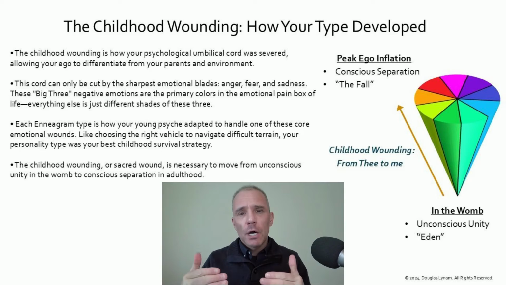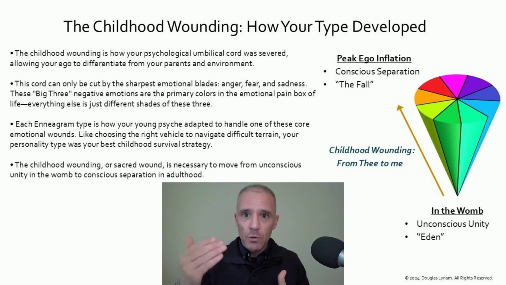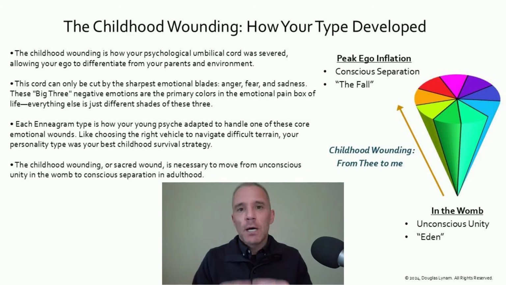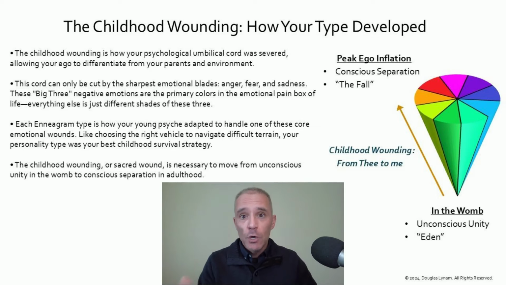However, in order for that differentiation process from your caregivers to happen, just like we cut the physical umbilical cord at birth, for egoic maturation and development, we have to sever that egoic codependent psychological umbilical cord with our caregivers. And so how do we do that? Well, it can only be done with what we call the big 3 negative emotions.